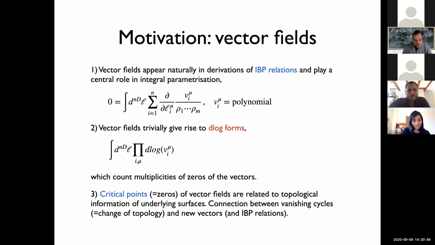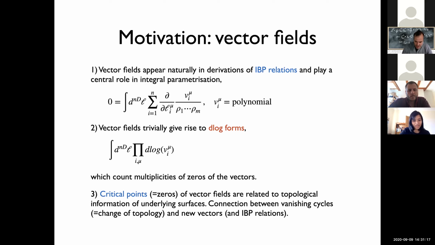And finally, vector fields are interesting because they link to topological information of the underlying surface. Whenever the topology changes, or if you count the zero set of vector fields, then you get information about the topology of the underlying space.